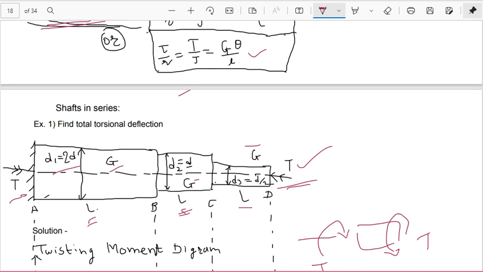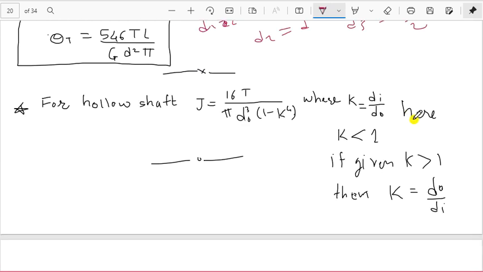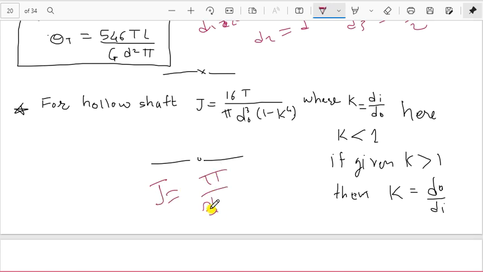We were finding the value of J. I will write here itself from this equation J. You know that it is pi by 32 into d to the power 4. Let us say there are two diameters, dO to the power 4 minus di to the power 4.